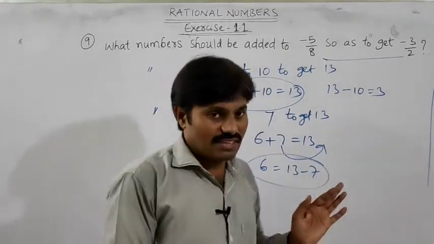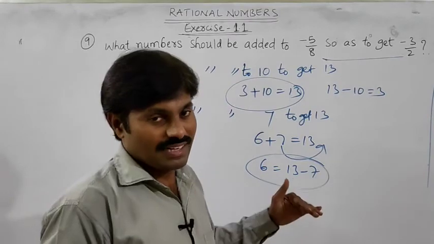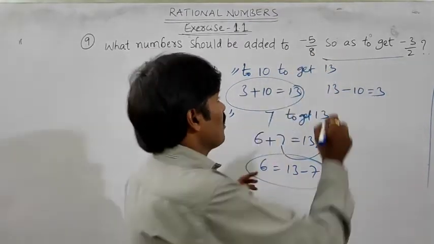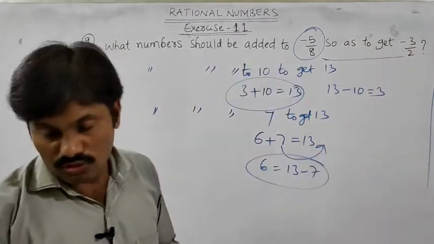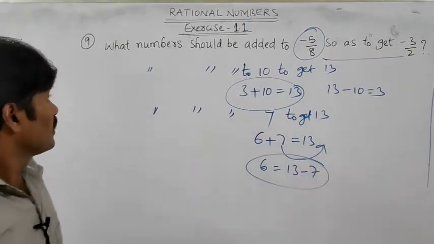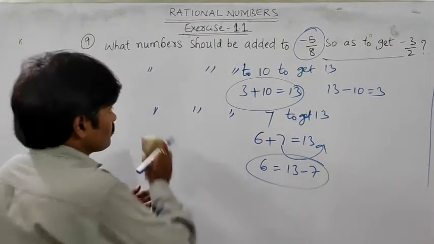Now what is the situation we got? What is our immediate task? Yes, we have to subtract minus 5 by 8 from minus 3 by 2. So what is the required answer? So the required number is equal to, shall I write?